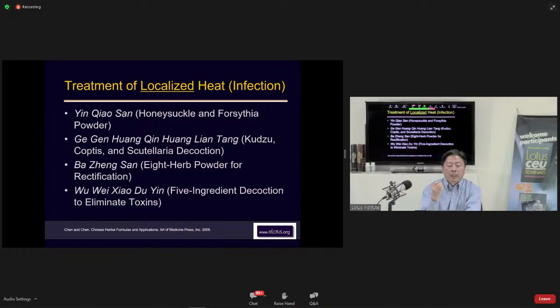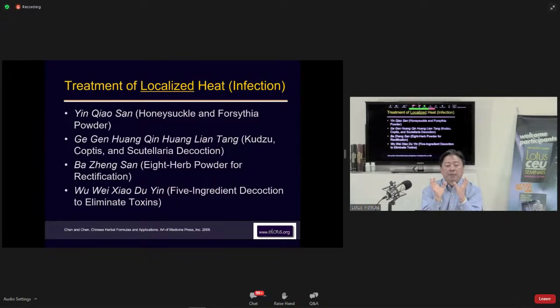So for example, 银翘散, yin refers to 金银花, which is honeysuckle, and qiao refers to 连翘, which is forsythia. And these are 2 of the best herbs for treating warm heat, or in other words, early stage of bacterial and viral infection that affect mostly the outer parts of the body, maybe the mouth, the throat, or maybe headache and so on.